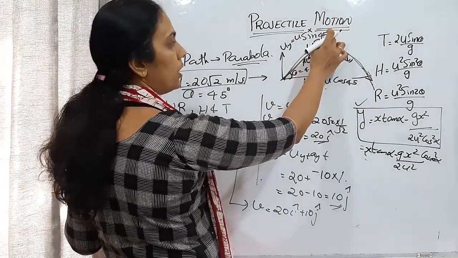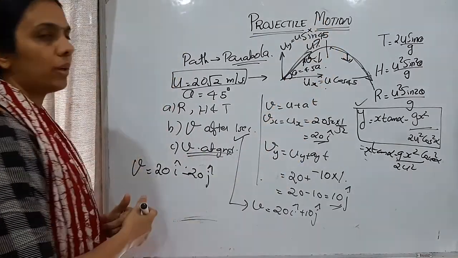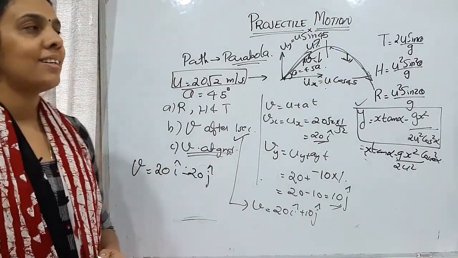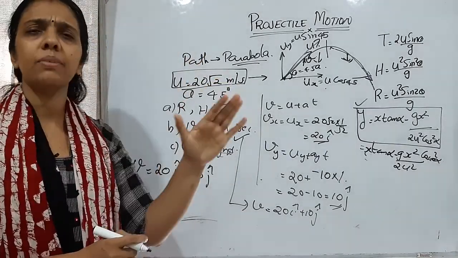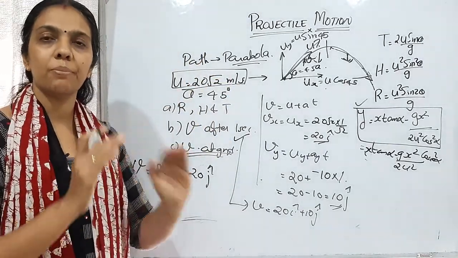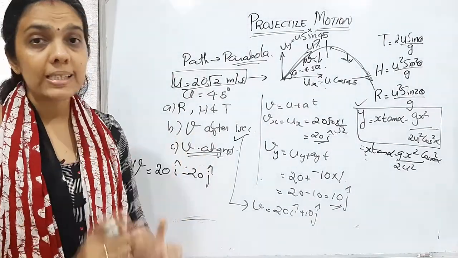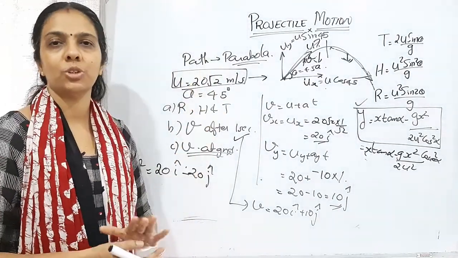That is 20 root 2 cos 45 i cap, and 20 root 2 sin 45, minus 20 j cap. Okay, clear? So here also we are using the same thing, x-axis, y-axis. When you consider them separately, it will be easy for you to solve projectile motion questions.